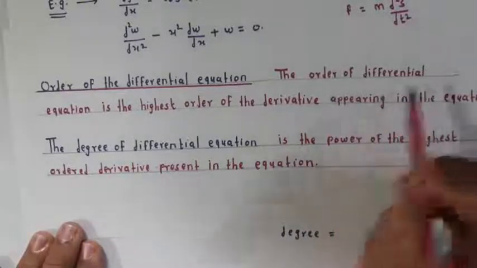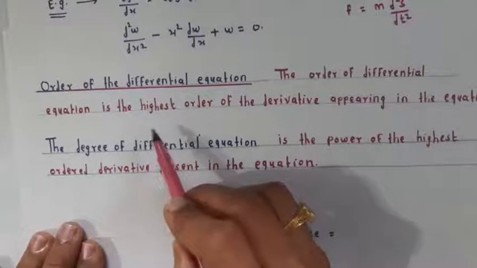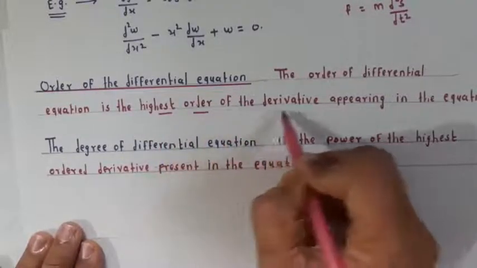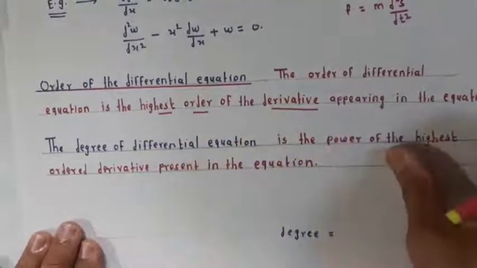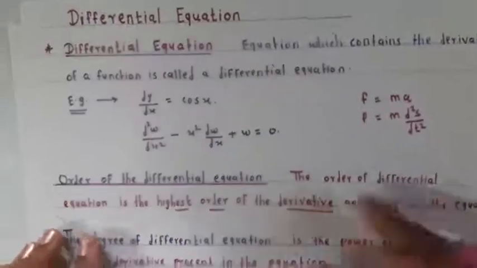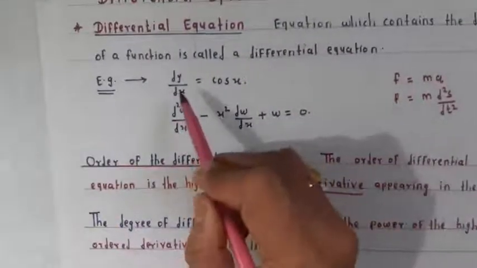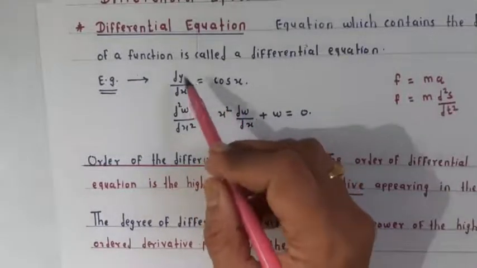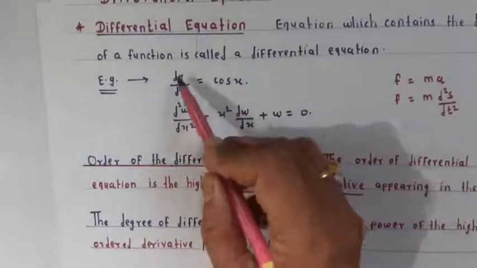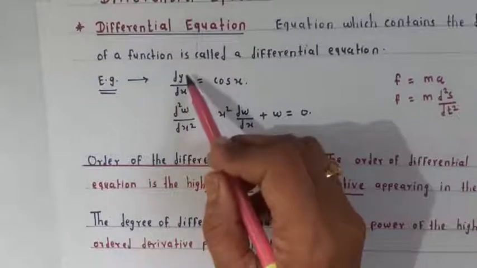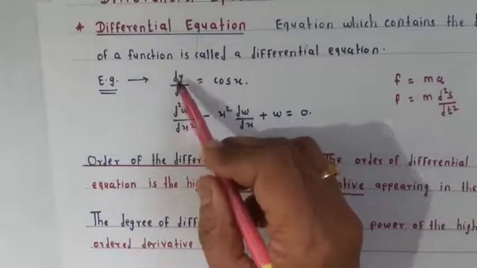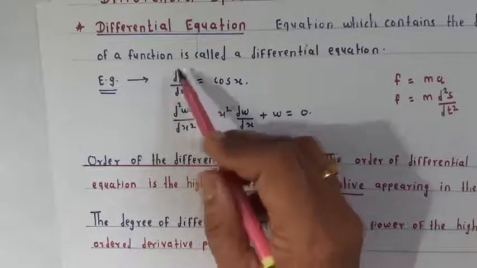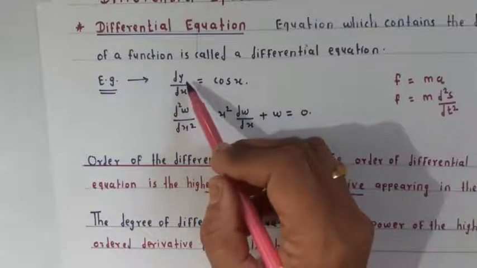Suppose we have the differential equation dy by dx equals cos x. dy by dx is the first order, so here the order of the differential equation is 1.